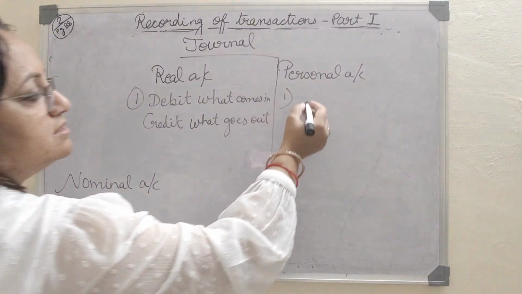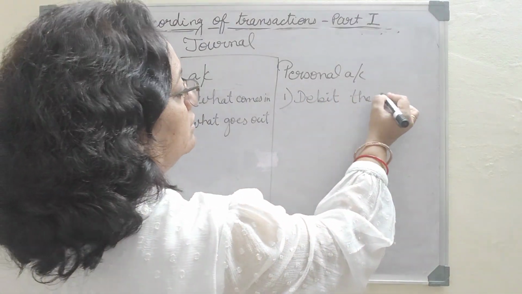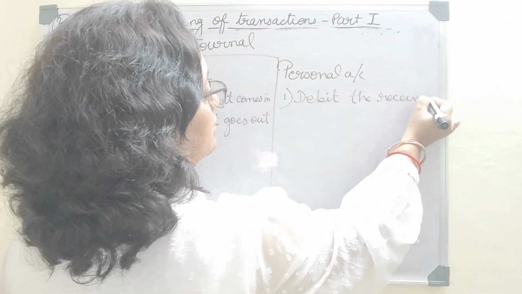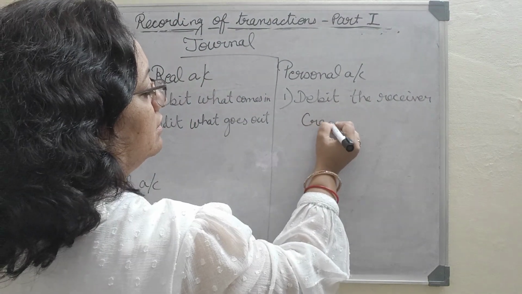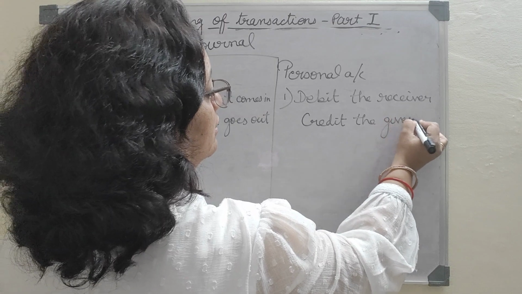Personal account says debit the receiver, credit the giver.